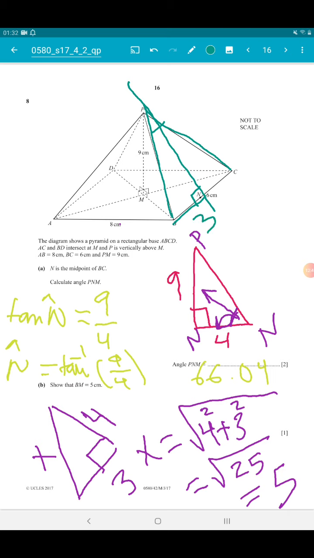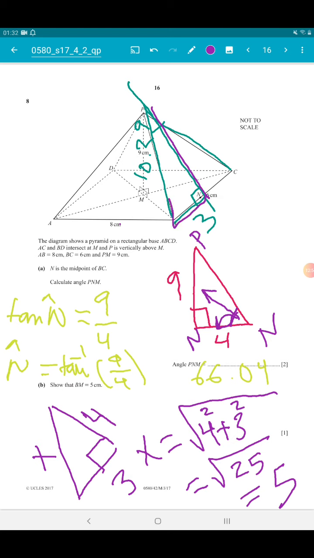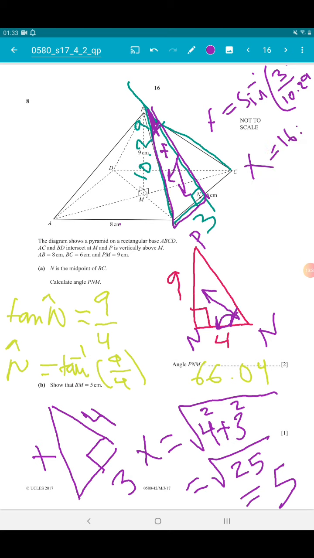This side is given and equals 3, and this side we found in the previous part, 10.29. So you can use SOHCAHTOA to find this angle. Let this angle equal X. The opposite side is given, also the hypotenuse. This means X equals sine inverse of 3 over 10.29. Using your calculator, X equals 16.9.